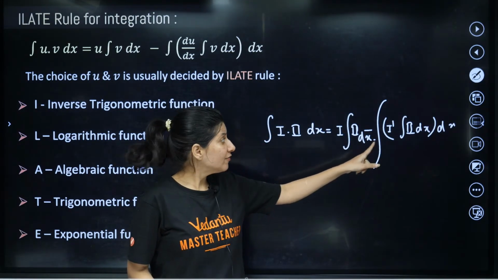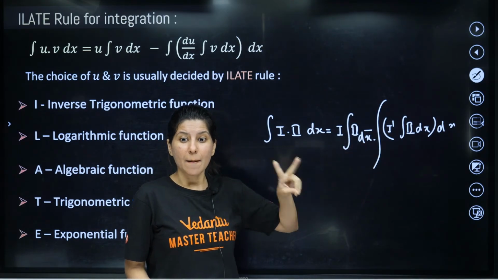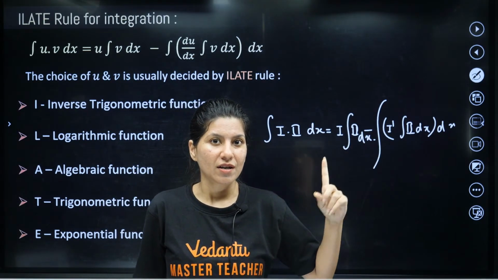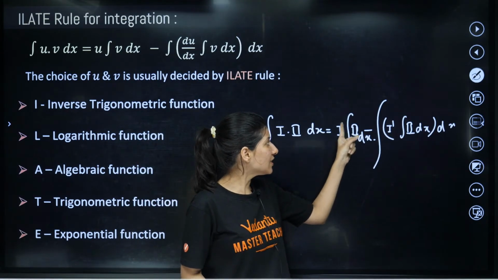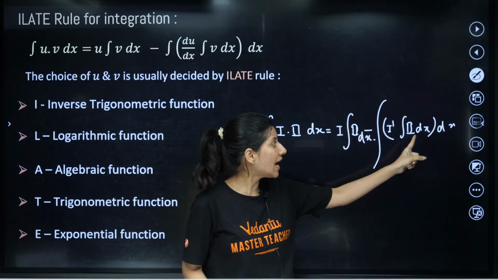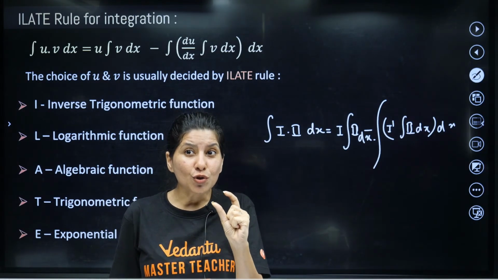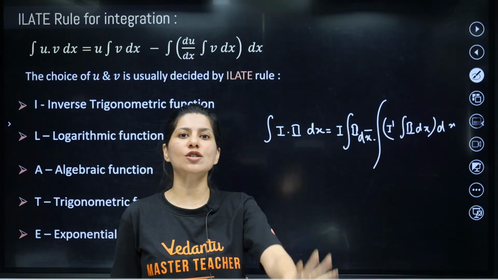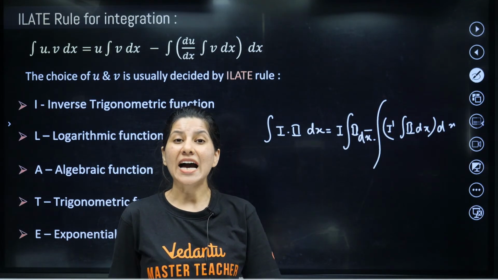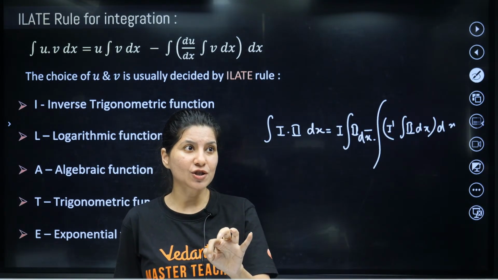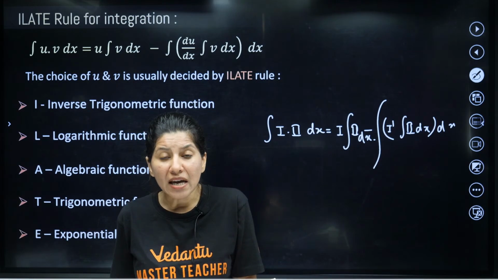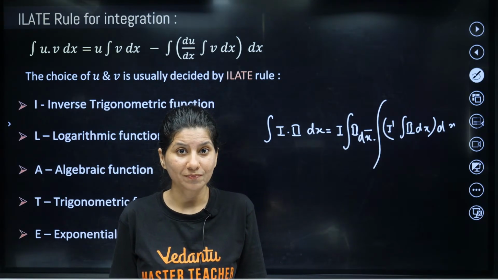In fact, first function is differentiated, but the second function is integrated individually here and here. What does that mean? That second function should be that function whose integration you know. And first function should be that function whose integration maybe it is possible that you don't know.